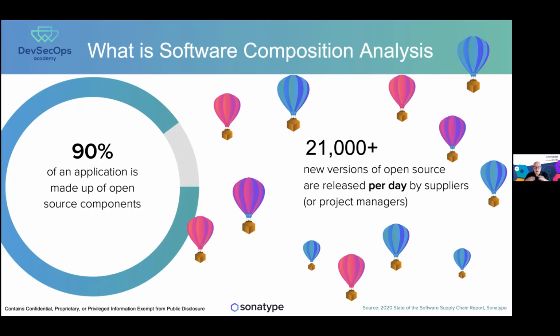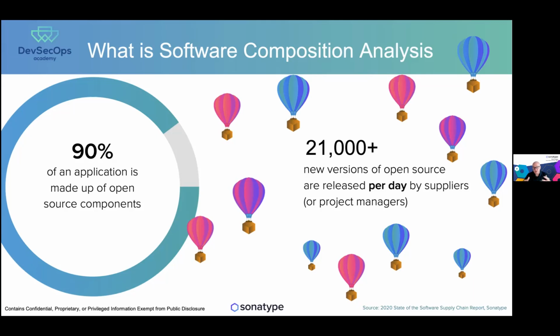So from the statistics that we see at Sonatype, upwards of 90% of an application is actually made up of open source components. And with the suppliers or the project maintainers of these open source releases creating in excess of 21,000 new versions of existing and new components on a daily basis, it gives us a huge logistical challenge for application development teams to be able to manage these components, understand what risk they have associated with them and the like.